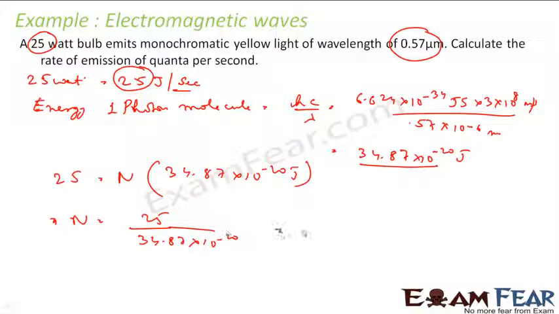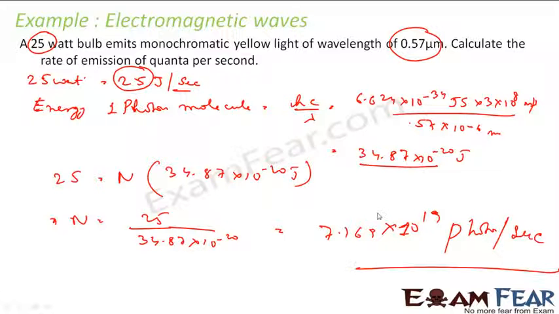You solve this, you get 7.169 into 10 to the power 19 photons per second. This is the number of photons emitted by the bulb per second to make sure that 25 joule of energy is released per second.